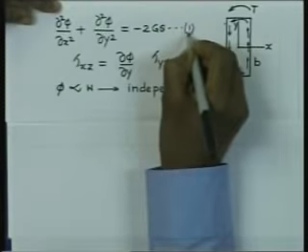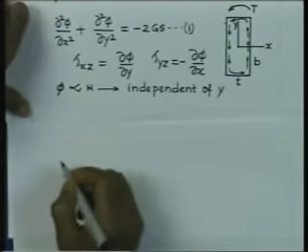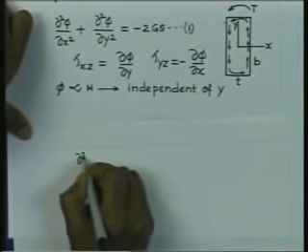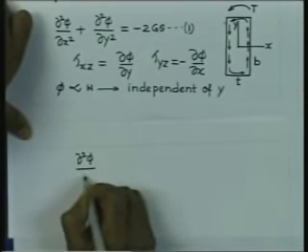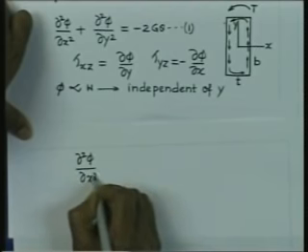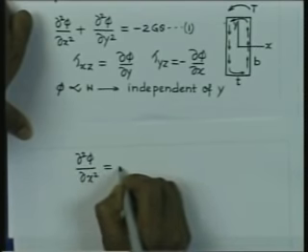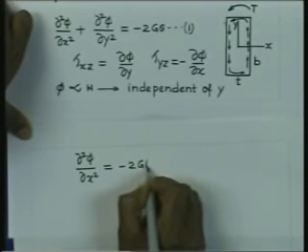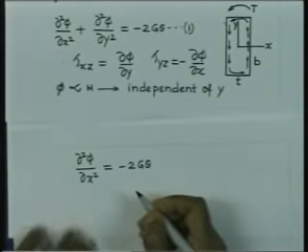So, from equation number 1, we get that delta 2 phi delta x square is equal to minus 2 g theta, that is, phi is just a function of x.